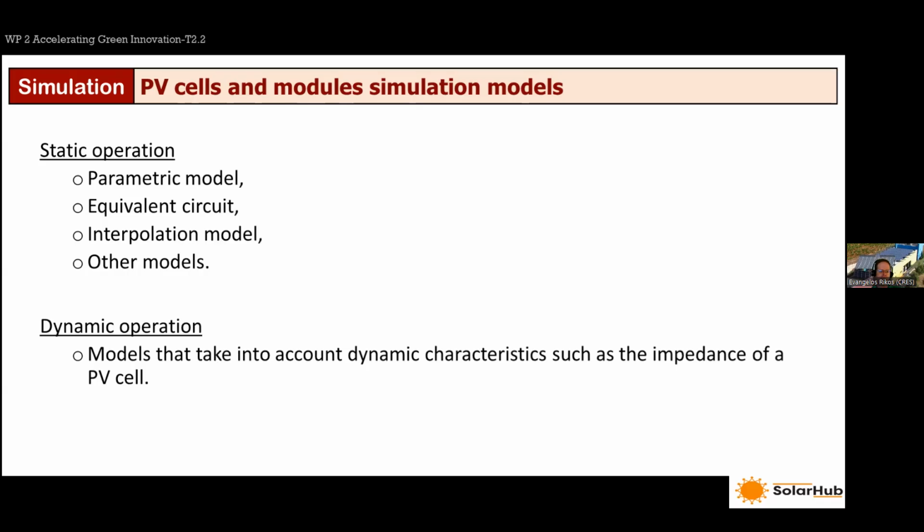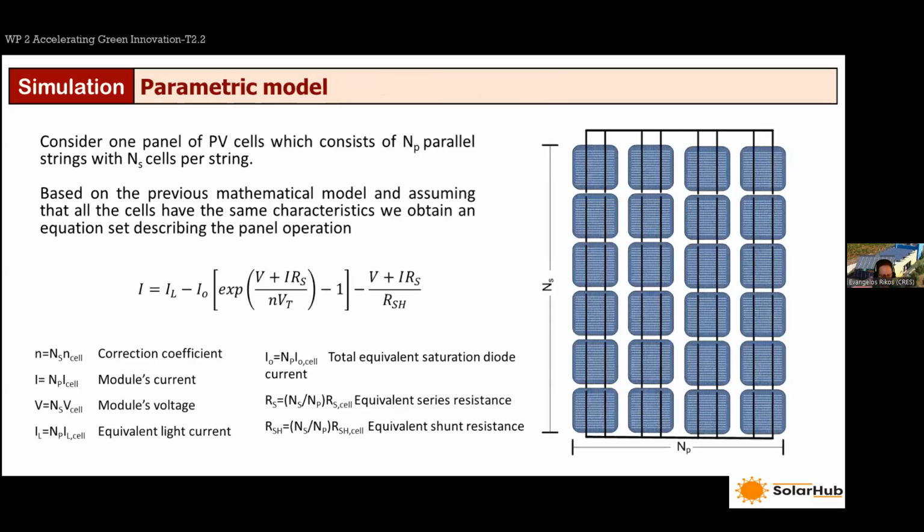So the main static operation approaches here make use of the parametric model, the equivalent circuit model, the interpolation model, and a group of other techniques that are lumped up together in the other models, let's say, category. And the dynamic operation makes use of models that take into account the dynamic characteristics, like the impedance and capacitance. I mentioned earlier the incremental capacitance method. So this is pretty much something related to the dynamic operation of PV modules.